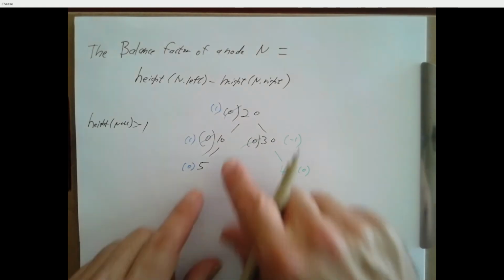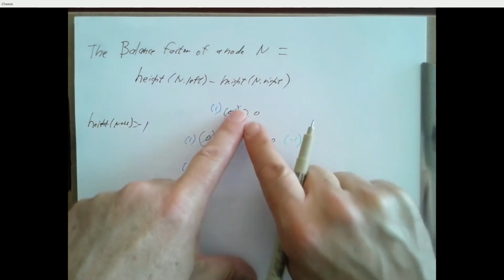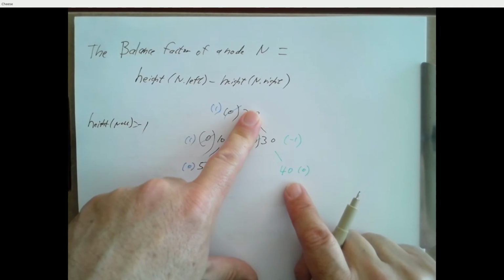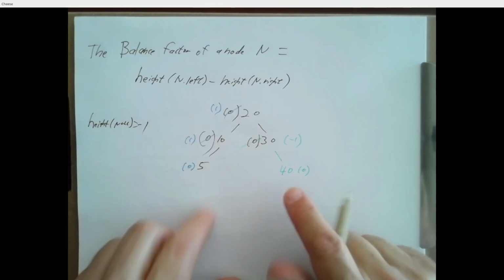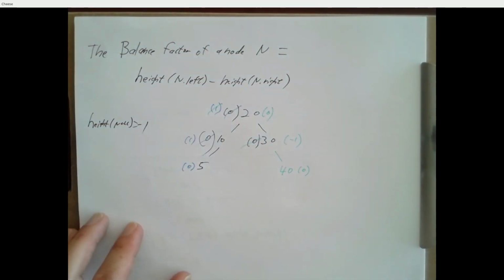It's the 10 and the 5, right? And this has a height of 1. And the right subtree is 30 and 40. What's the height of 30, 40? It's 1. Height, not balance factor. So 1 minus 1, that's got a balance factor of 0. Right?